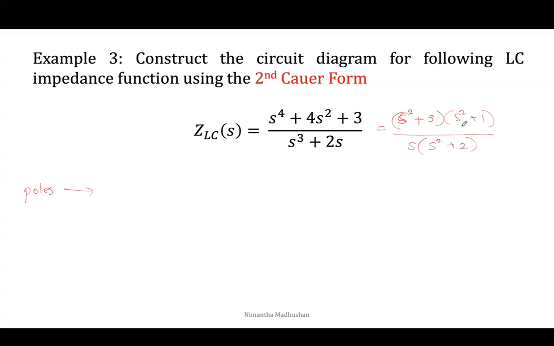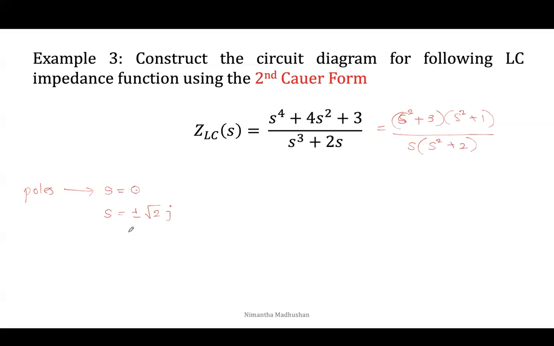These are the roots. Then for the poles, we can obtain them from the denominator. There are three poles: s equals 0 and s equals plus or minus root 2j.